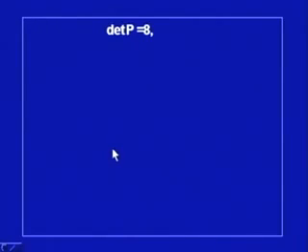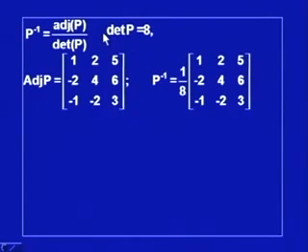Now, we can obtain its determinant as 8, and this value can be used here to get the adjoint of P, and from there we can get P inverse. So, adjoint P is calculated as this, and P inverse comes out to be 1 by 8 of this matrix. So, we have obtained P, we have obtained P inverse.